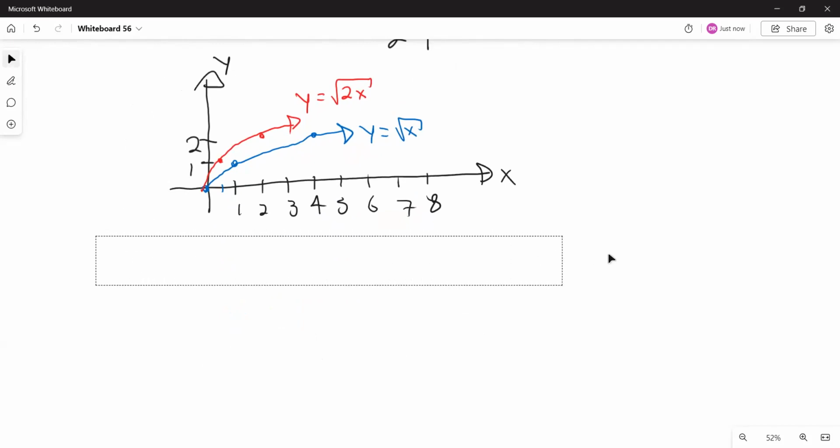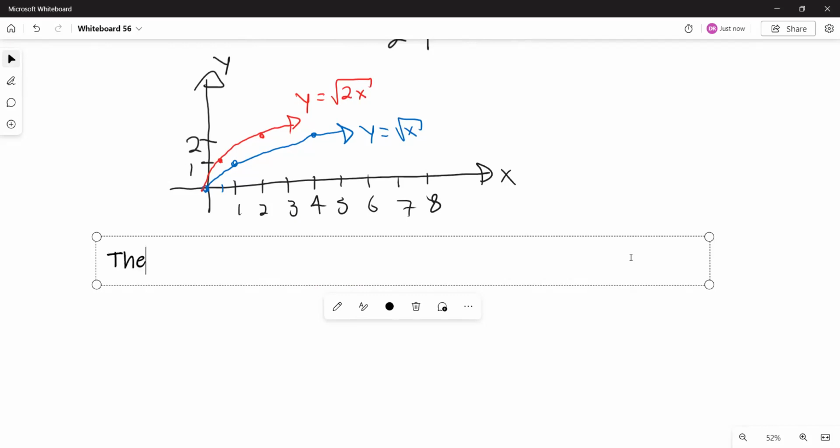And with the basic functions we have been doing, usually a vertical stretching involves a horizontal shrinking and the other way around. A vertical shrinking involves a horizontal stretching.